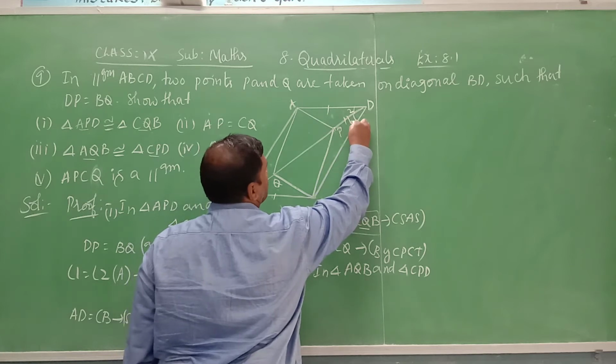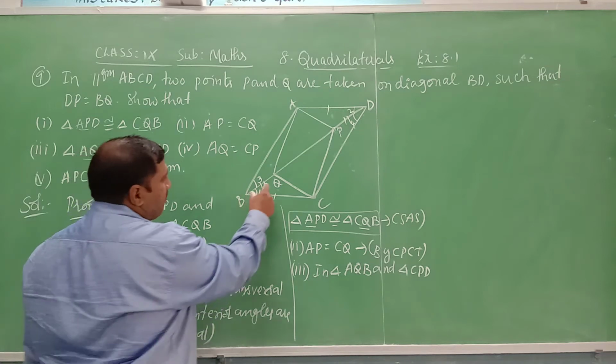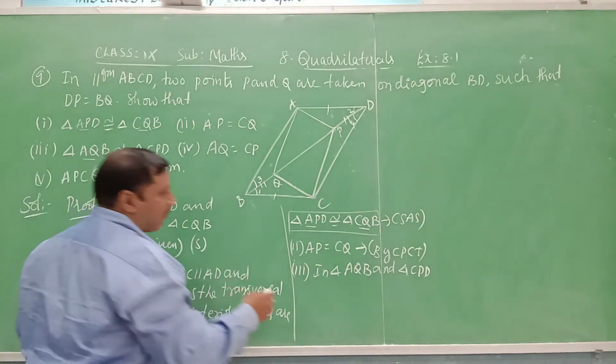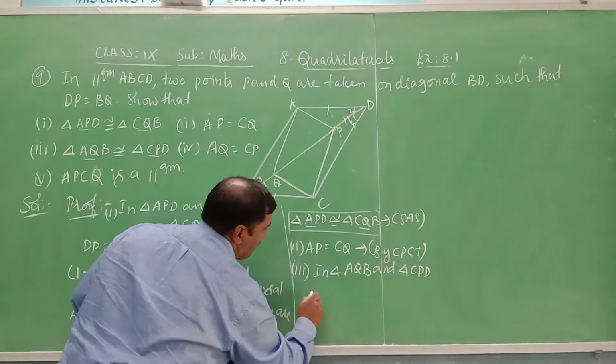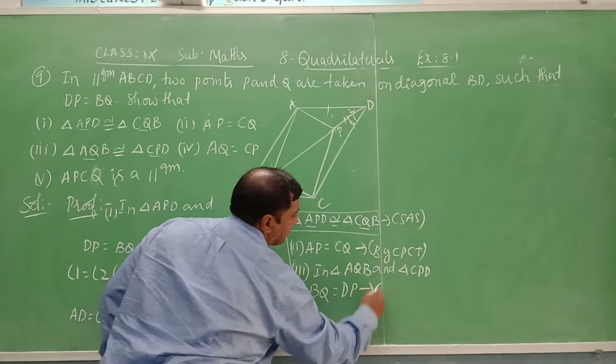Angle 3 is equal to angle 4, alternate interior angles concept again. Now BQ is equal to PD, it is given.